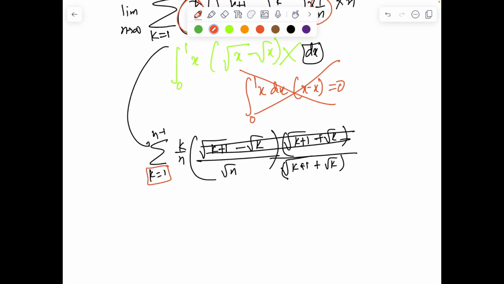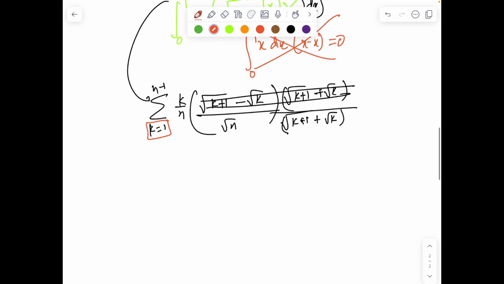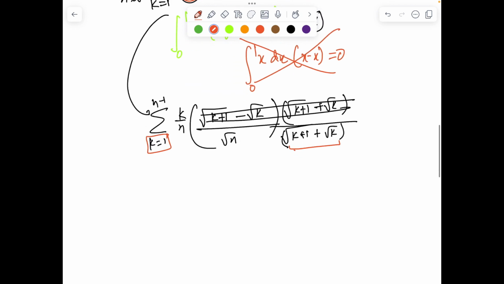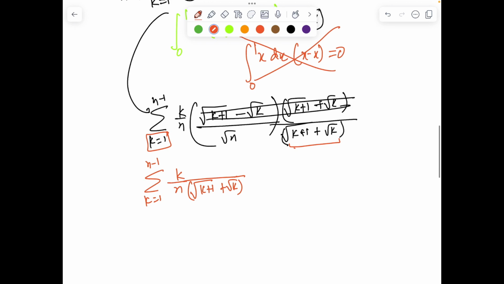And now you can see, when k is running from 1 to n minus 1, this quantity will run, right? So the given expression will be k by n times root over k plus 1 plus root k, this summation k running from 1 to n minus 1.